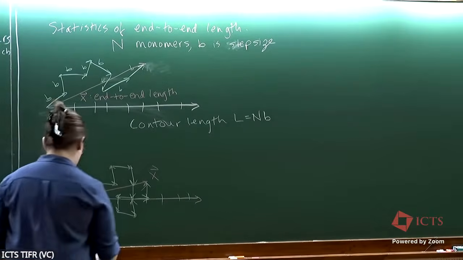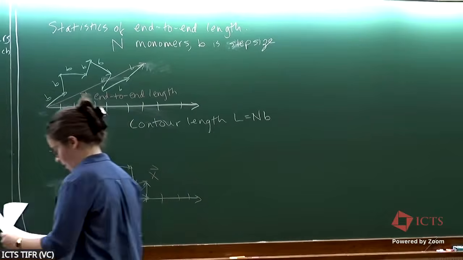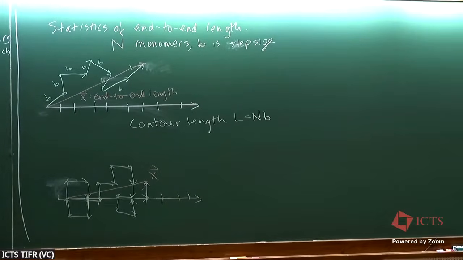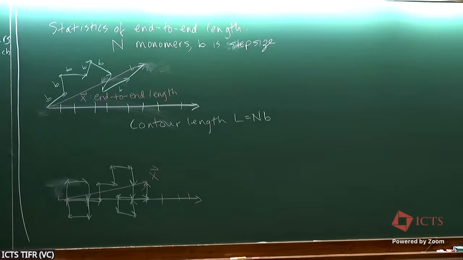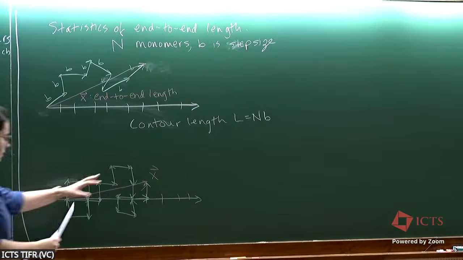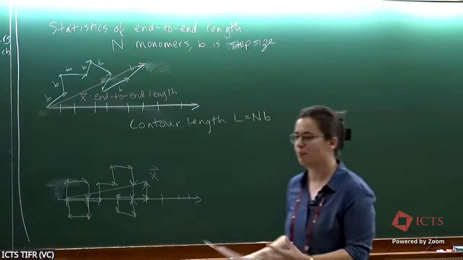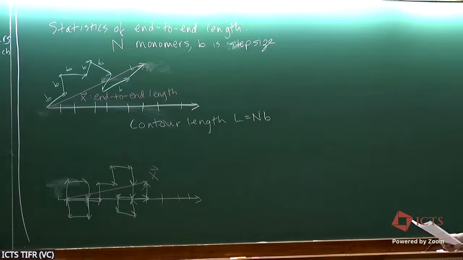And this is pretty good for linear polymer melts and concentrated solutions. And the reason for that is because the interactions are typically screened by being in such a dense environment.